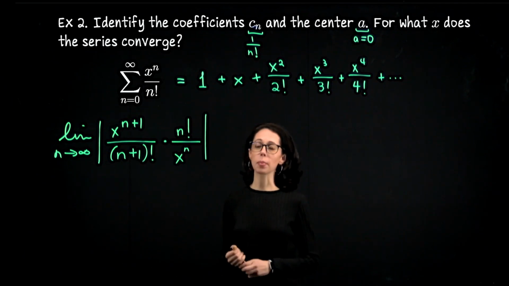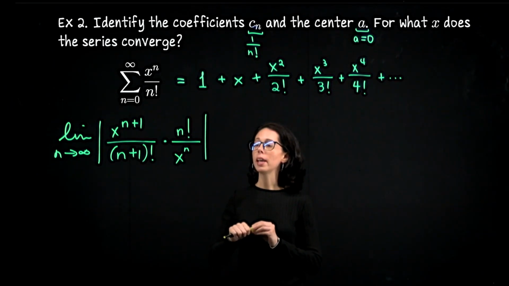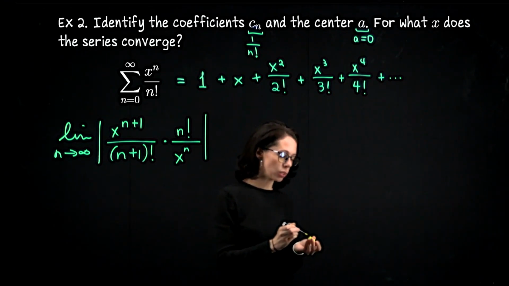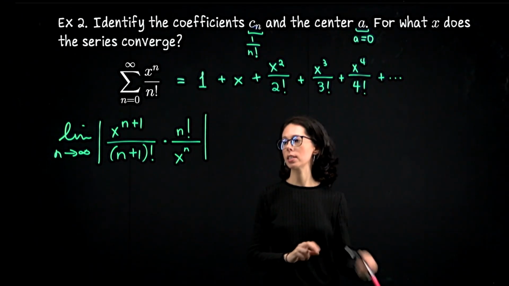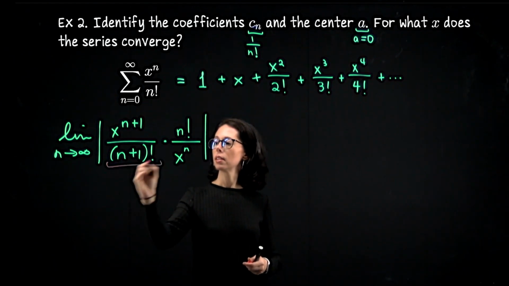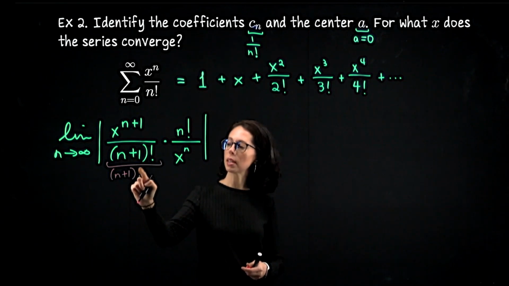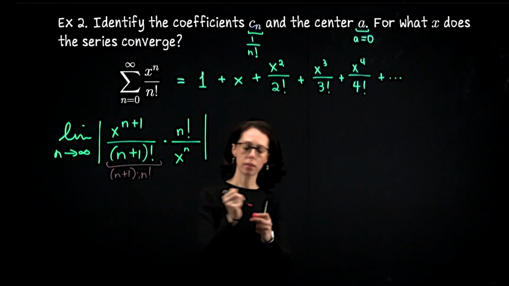Okay, we have very similar computations to what we had in example 1. In particular, n plus 1 factorial is n plus 1 times n factorial. So we'll see the same sort of cancellation that we just did a minute ago. So this is n plus 1 times n factorial. Okay, there we go.